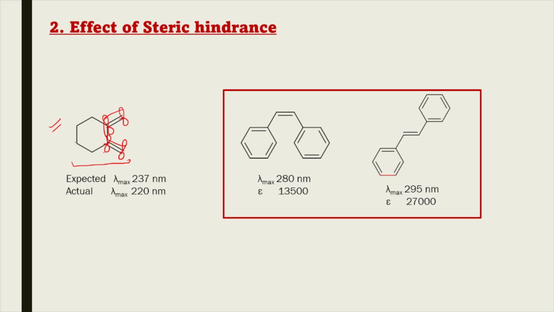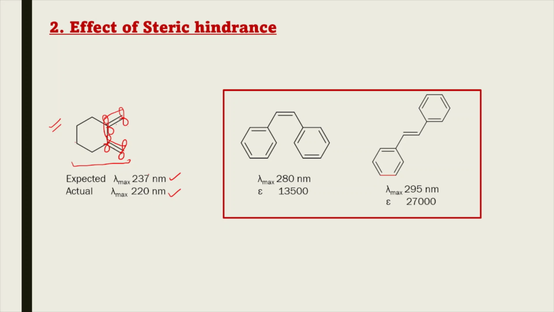The positioning of these double bonds creates steric crowding. That's why this molecule is not planar, and these two double bonds are no longer in a conjugated system as they should be in the ideal conjugated system. So on the basis of the conjugated system we expect the lambda max to be 237 nanometer, but actually we get 220 nanometer as the lambda max.